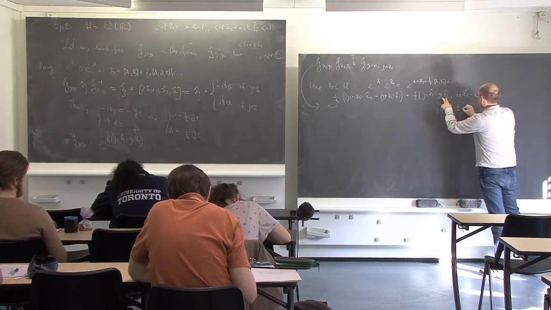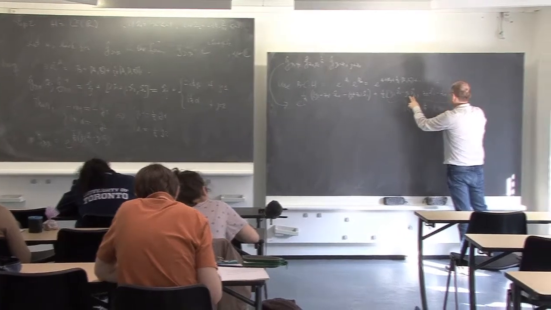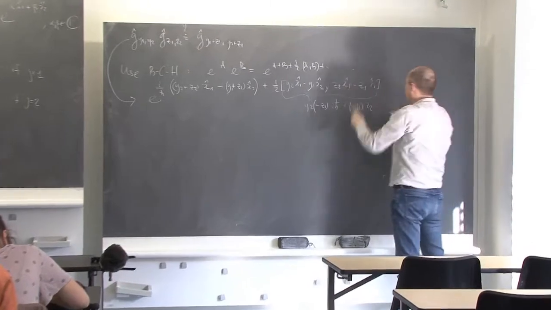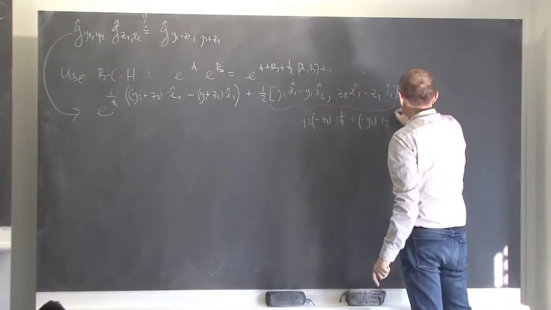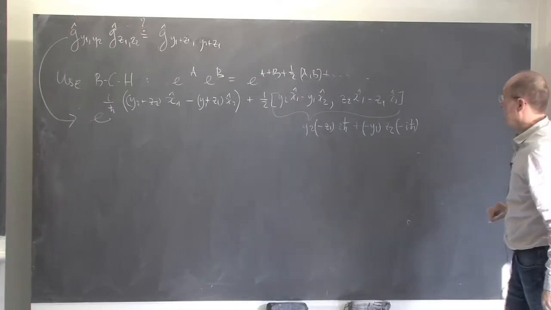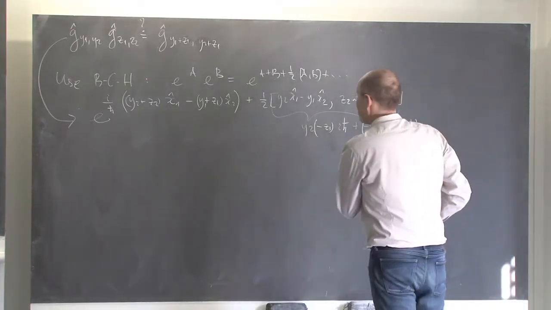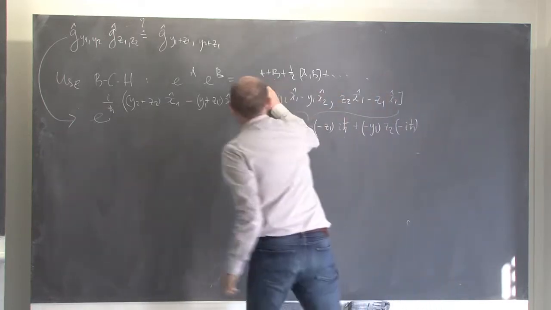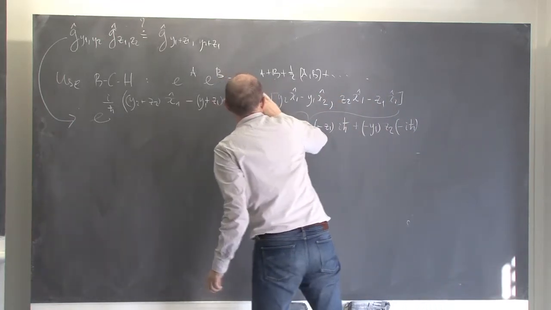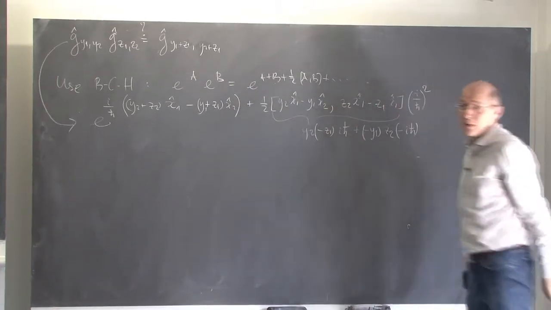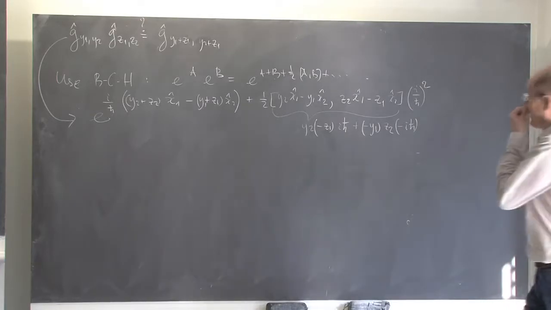So it is plus minus y1 times z2, commutator of x2, x1, which is minus i h bar. Here I forgot something to put, right? I forgot the square, i over h bar, because this is a common coefficient for everybody.